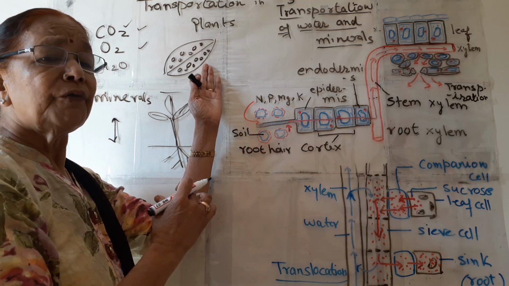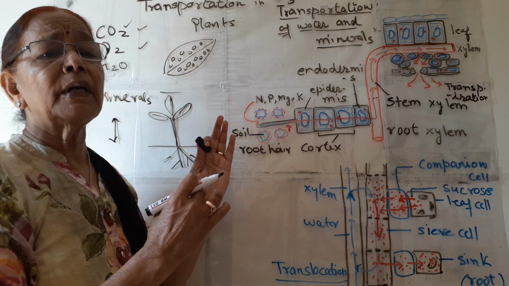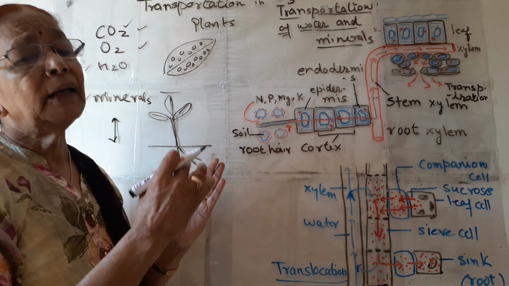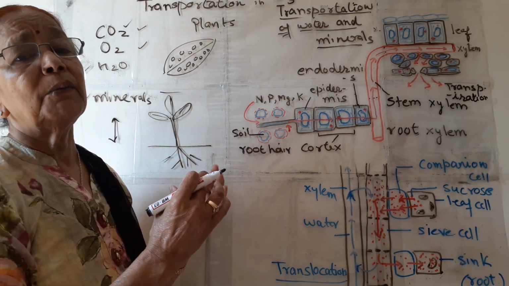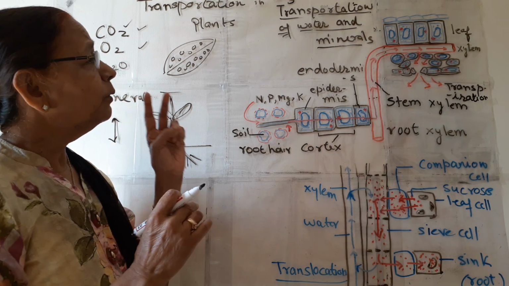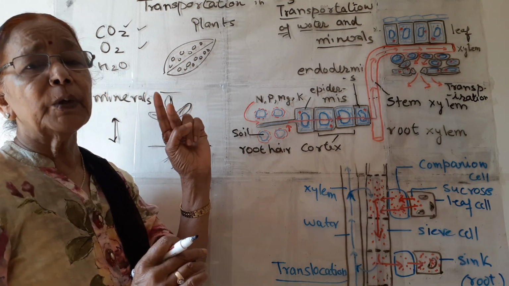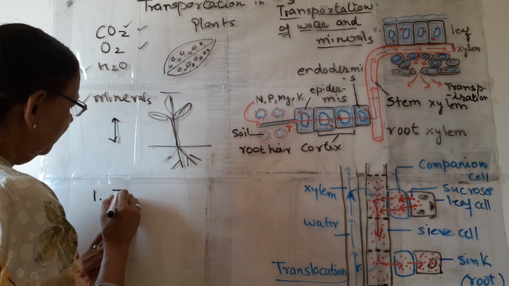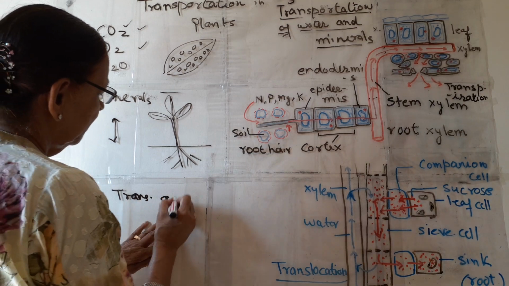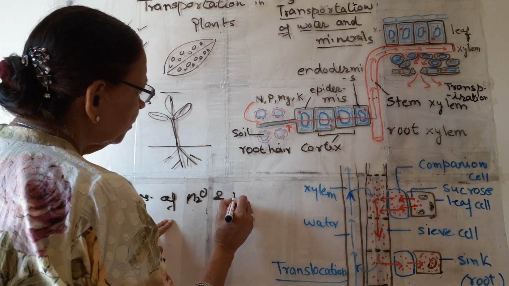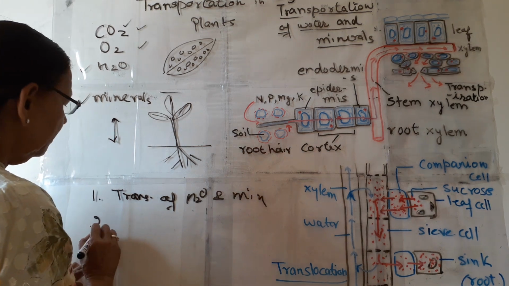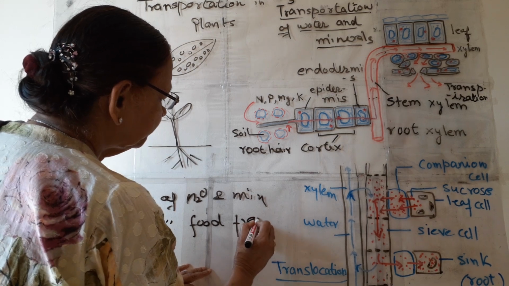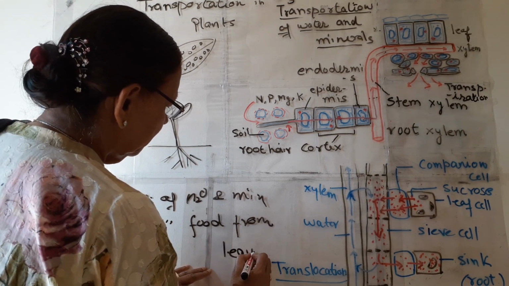So the products of photosynthesis should also be transported to the whole body of the plant for its growth and development and for other metabolic activities. So there should be two transportation systems in plants: first, for transportation of water and minerals through roots, and second, transportation of food from leaves.